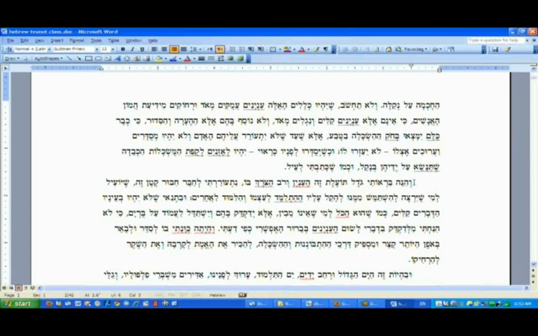V'hinei v'ra'oti gadol to'ela zeh ha'inyan v'rov ha'tzarech bo. Since I saw the great need, or advantage, the great gain of this thing, and how much it's so needed, nita'arti l'chaber chibur katan zeh.